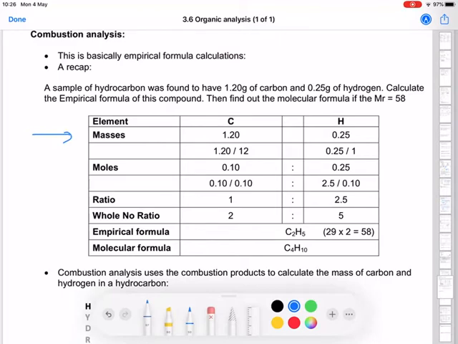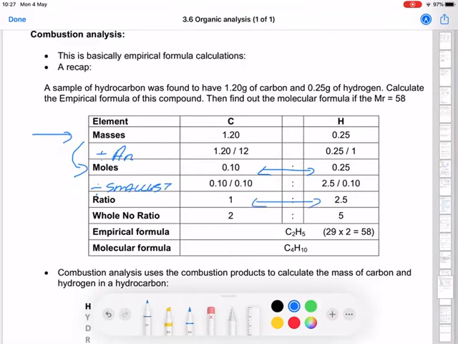So just a little recap on how we work out empirical and molecular formulas. We get our masses from combustion analysis. If you remember, we then have to convert our masses to moles by dividing by the Ar. We then have a molar ratio between the two, which we divide by the smallest, so that's the next step, to get a more manageable ratio to look at.